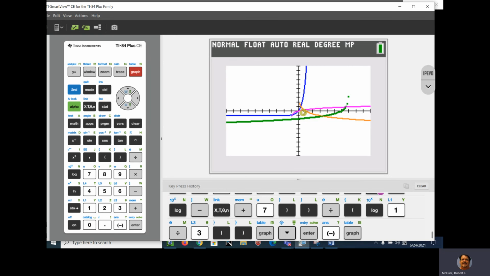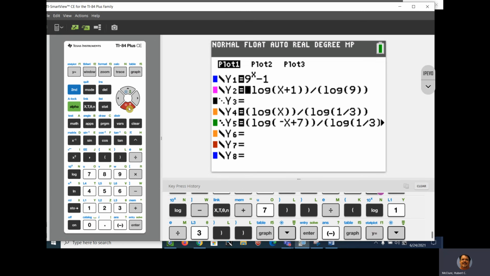Sorry about that. And then we know that that's that function. So this one's going in the opposite direction, so it's going to be going something like this. So you've got the blue line right here. Let me go ahead and clear these, since we've already done this.